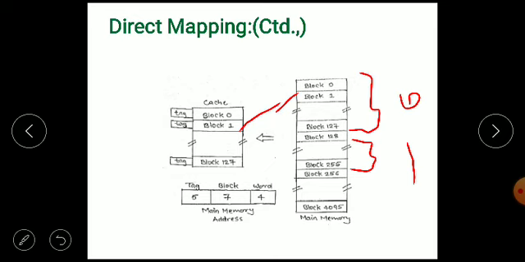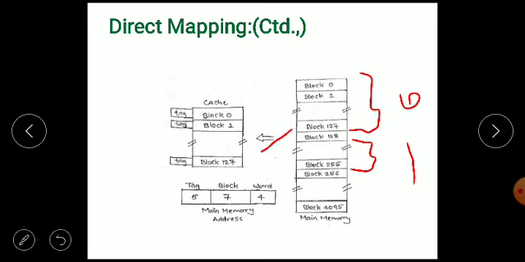In this way, it goes up, right? Similarly, the last blocks of every page in the main memory should be mapped or stored in block 127 of cache memory, right?